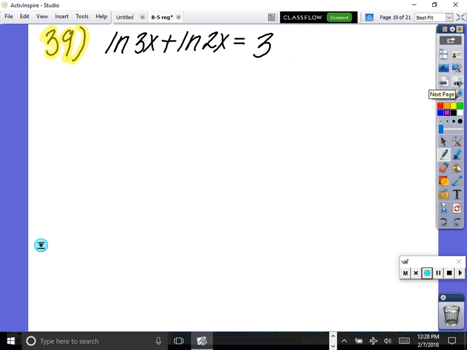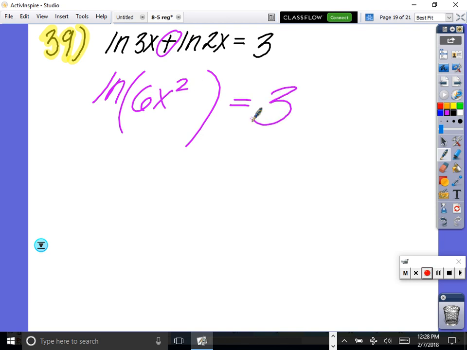39. What should I do? Yep, combine them. ln, when you add, so that would be 6x squared. Yeah? Sweet. Equals 3. Then, e it.